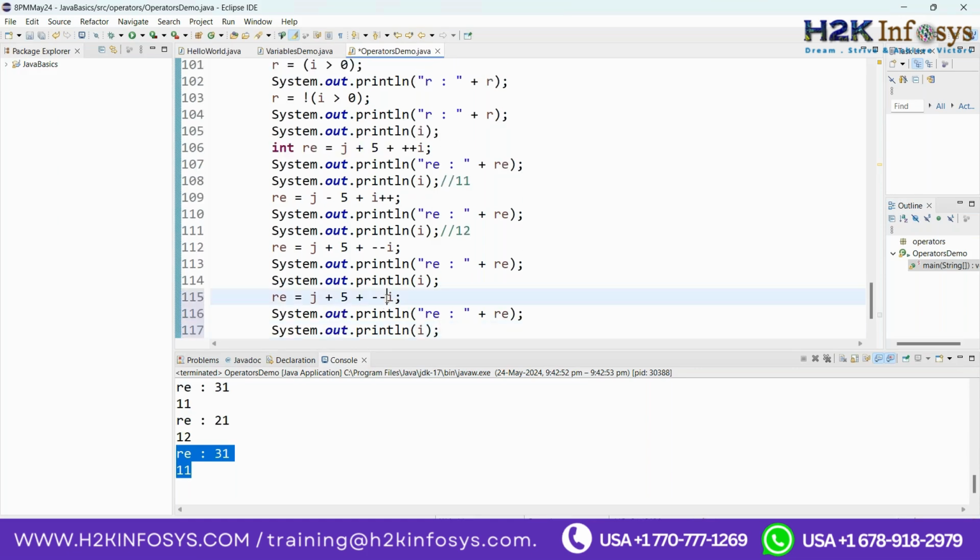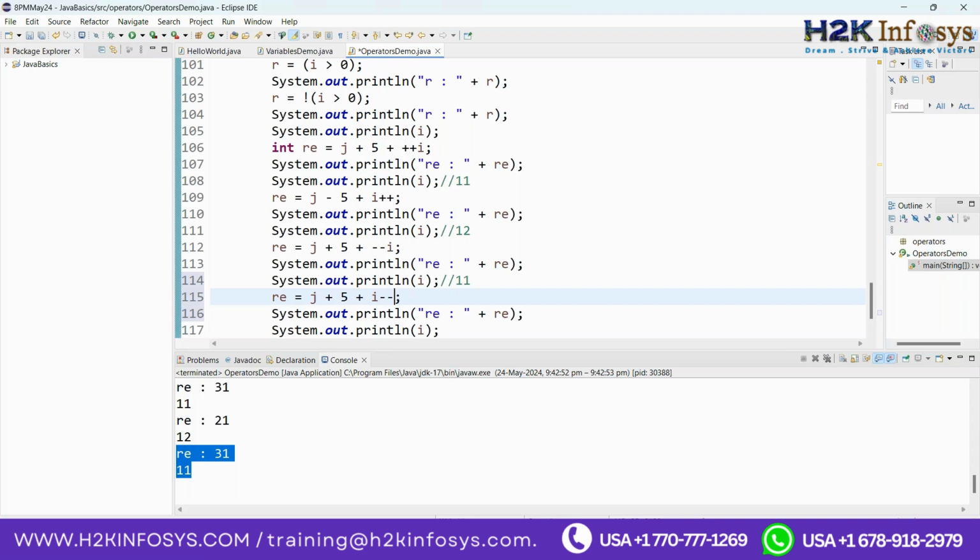Now tell me what would be this. Minus. So here the I value is 11. Don't confuse. It's minus. RE is 30? 21?